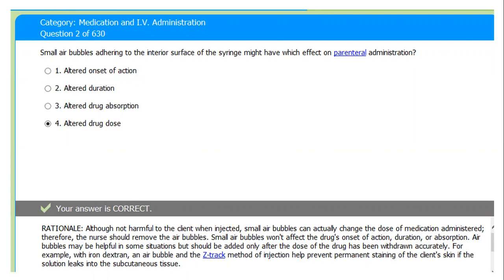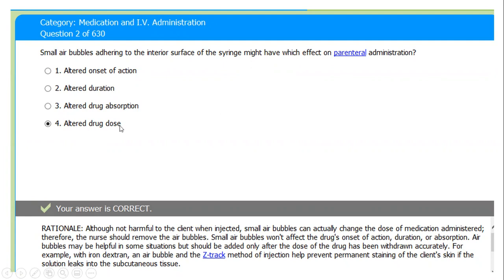Imagine a patient has iron deficiency anemia. We give them injectable iron, called iron dextran. With iron dextran, the Z-track method of injection helps to prevent parenteral staining of the client's skin if the solution leaks into the subcutaneous tissue.